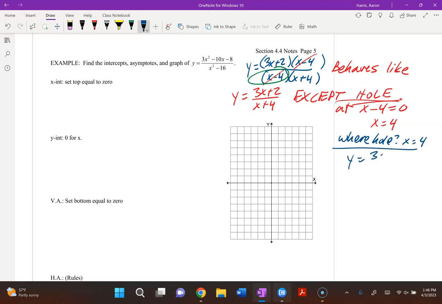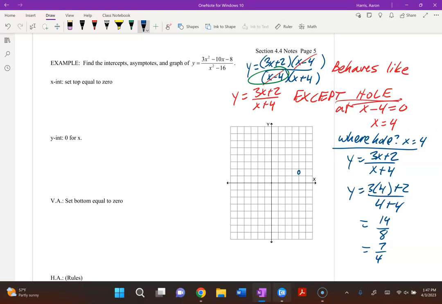Let's look at the simplified form, because this one doesn't have a hole. So we plug it in. We have 14 over 8, or 7 over 4. And I'm going to put a hole in there. So 4 comma 7 over 4. So I have a hole right there at (4, 7/4).